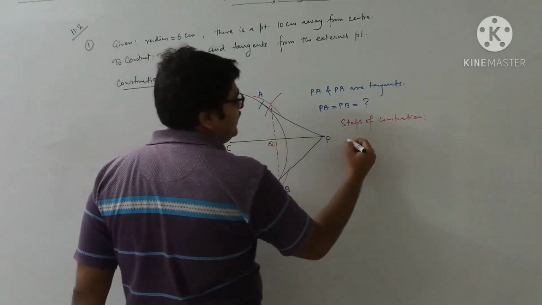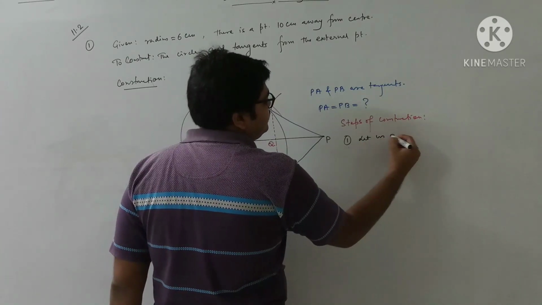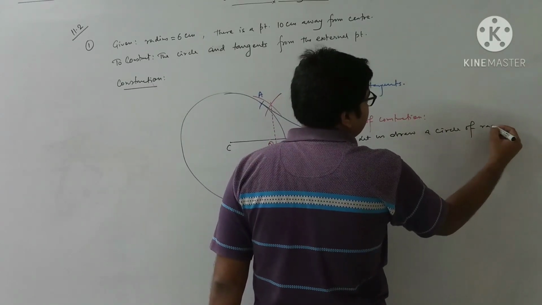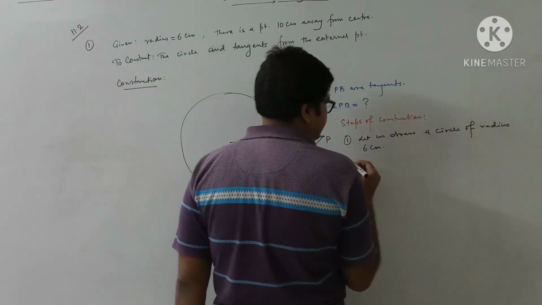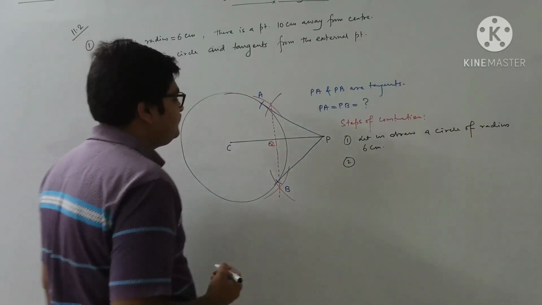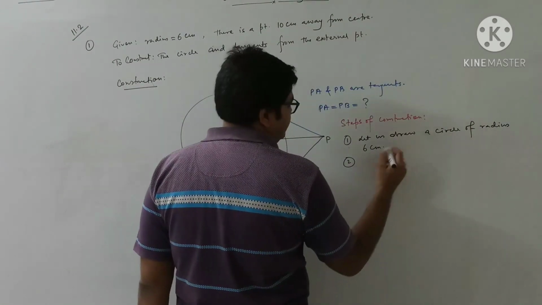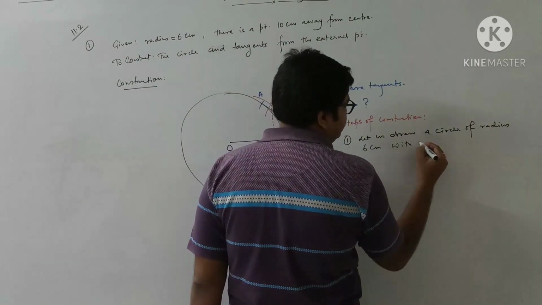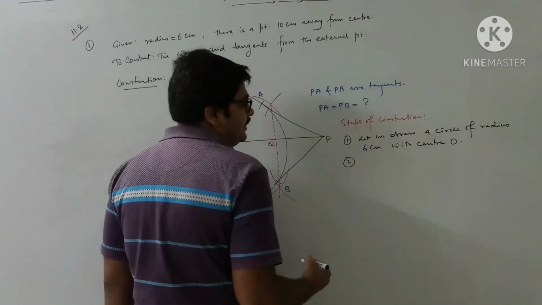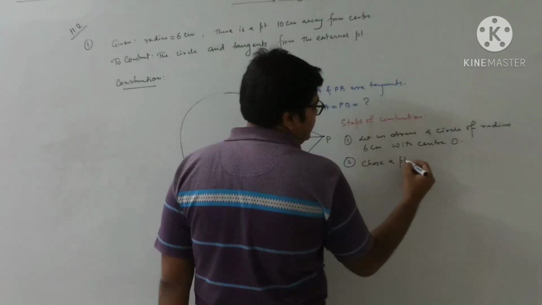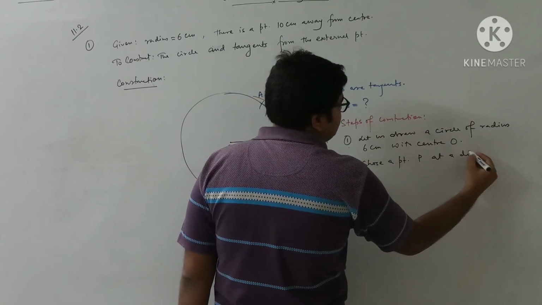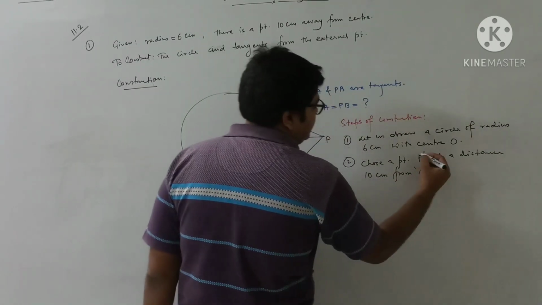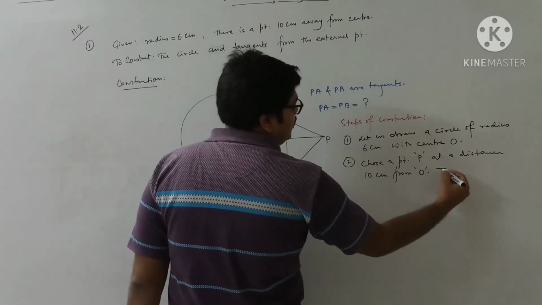At first we have drawn a circle of radius 6 cm with center O. Choose the point P at a distance 10 cm from O, that is from the center. Join OP.